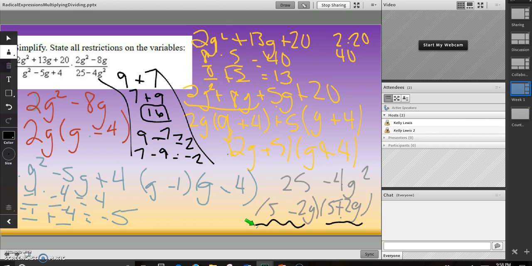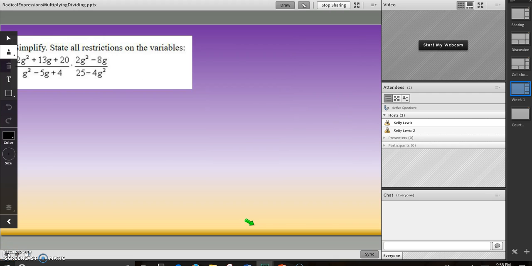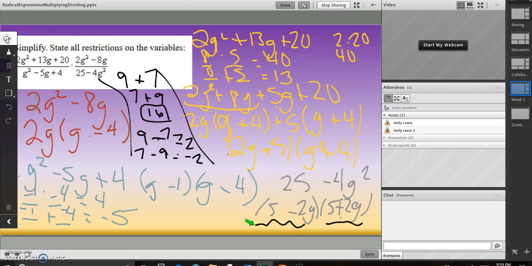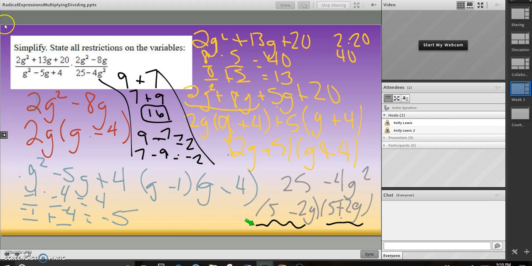Okay, so these are all the factors. I'm nearly positive. I'm going to take all of it off so that I can simplify now.